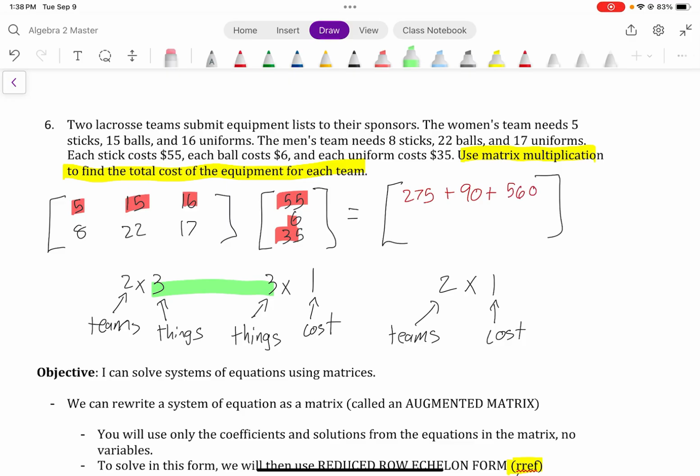Okay, now I go to the next row. This is the second row in my answer. 8 times 55 is going to be 440. 22 times 6 is going to be 132. And 17 times 35 gives me 595.